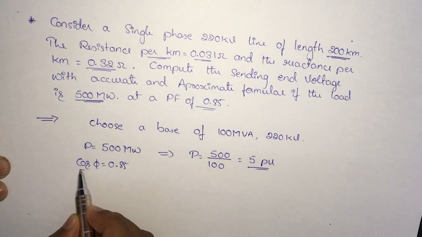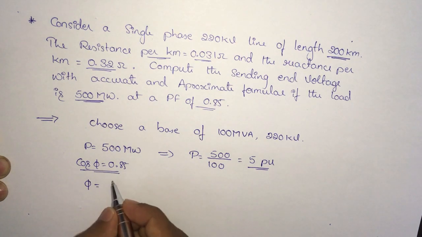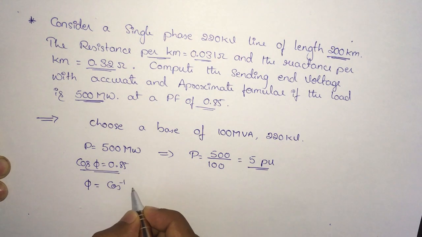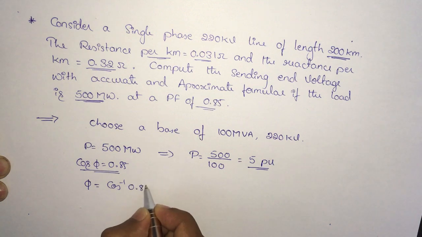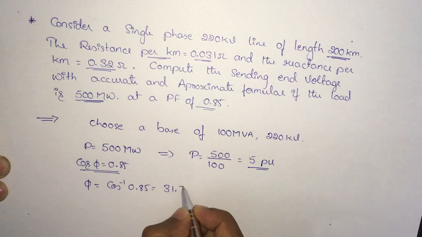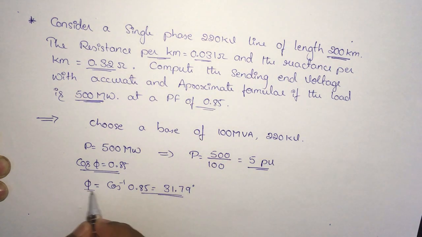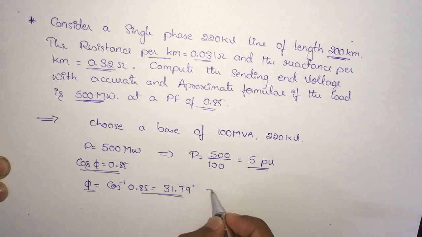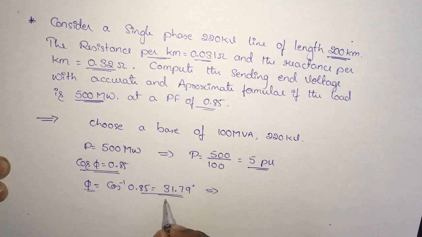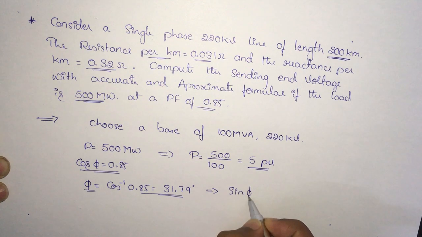Now since cos phi is 0.85, the value of phi will be equal to cos inverse of 0.85, which is 31.79 degree. Since we got the value of phi, we can calculate the sin phi value.